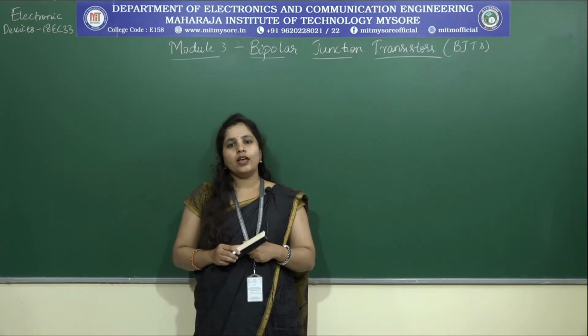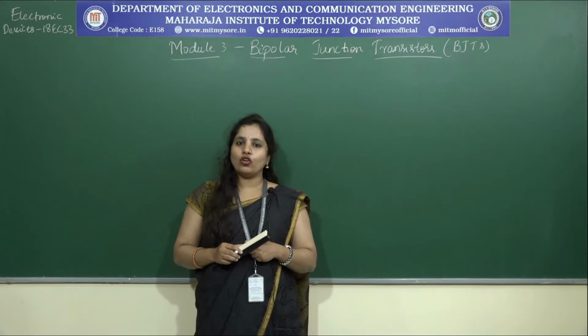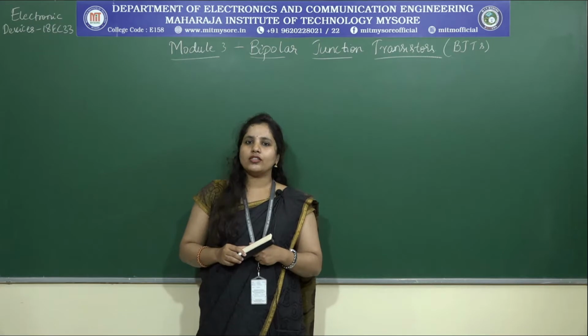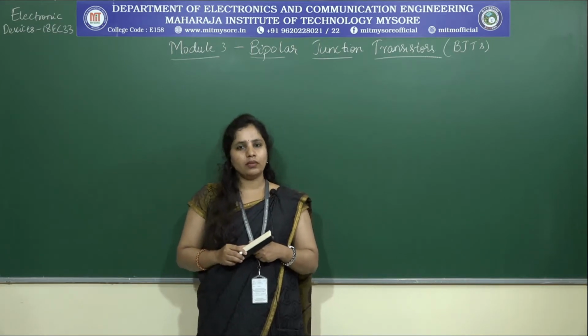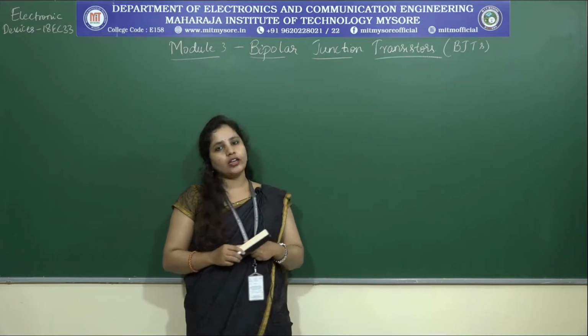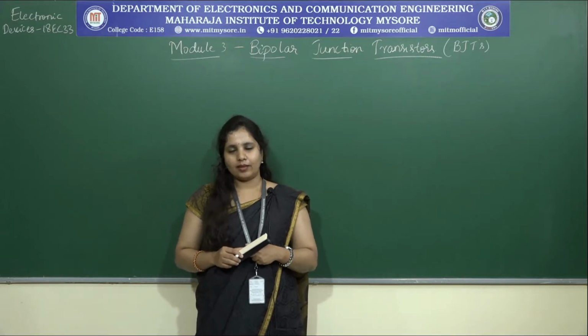Once we are done with that, we will look into the different regions of operation of the BJT, followed by the applications of BJT. We will also look into how these BJTs are fabricated and manufactured. So these are the glimpses of the topics that will be covered under BJTs. Why it is called bipolar junction transistors, we'll understand a little while later in the same session.